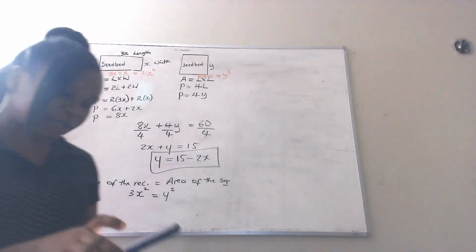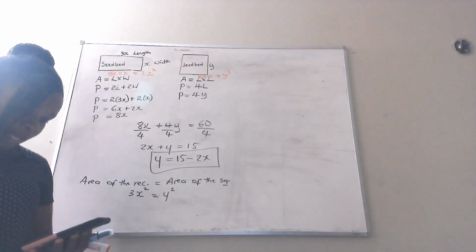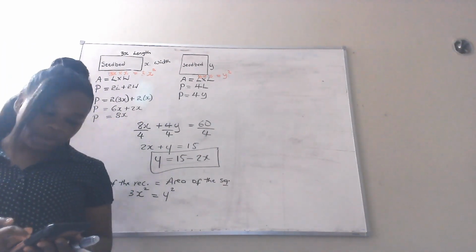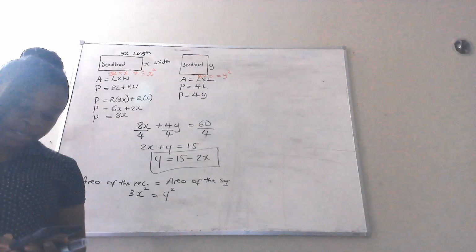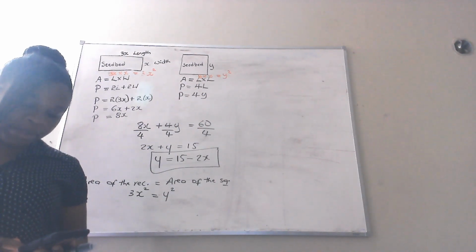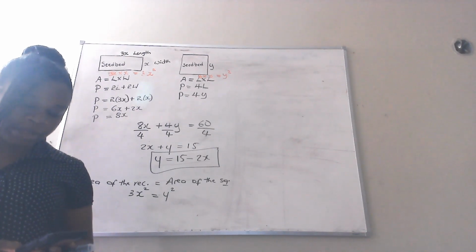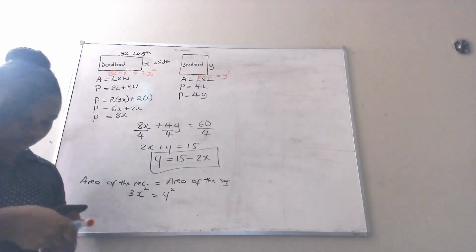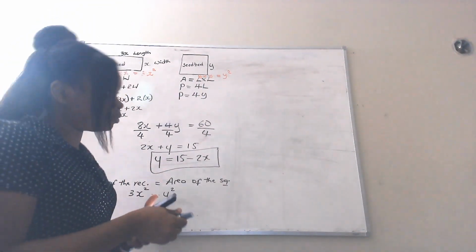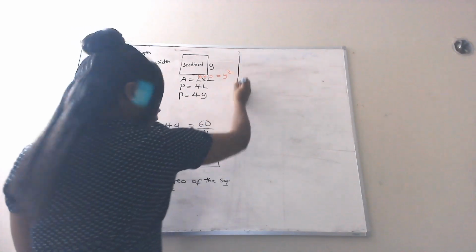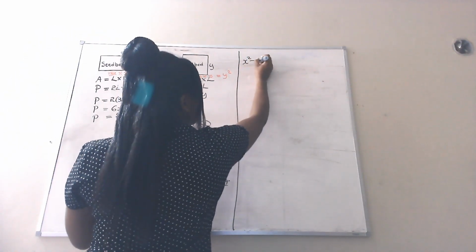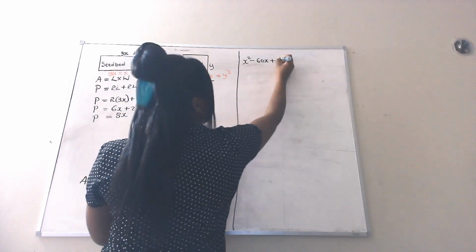So that's the first part of B. Use this information and your answer in A to write a quadratic equation in terms of x and show that it simplifies to. So they give us x squared minus 60x plus 225.